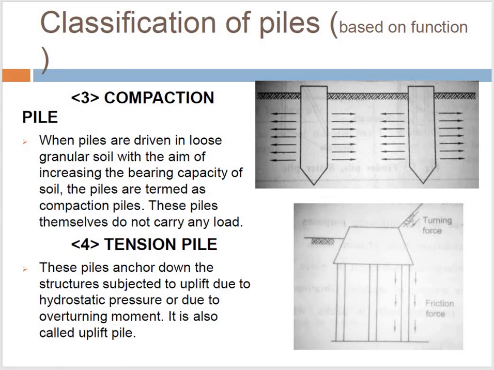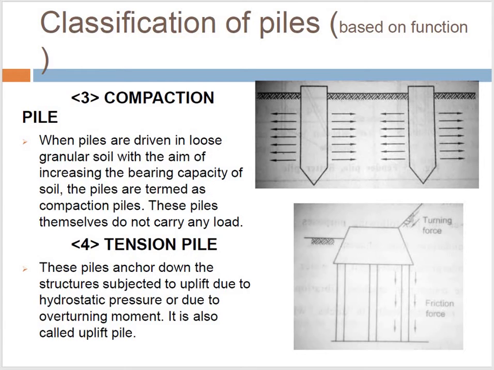Next is the compaction pile. Compaction piles are used in granular soil to densify the soil. Here the pile will not carry any load. The precast piles are just driven into this loose granular soil to densify the surrounding soil. So the soil gets more compacted and is strengthened by these compaction piles.